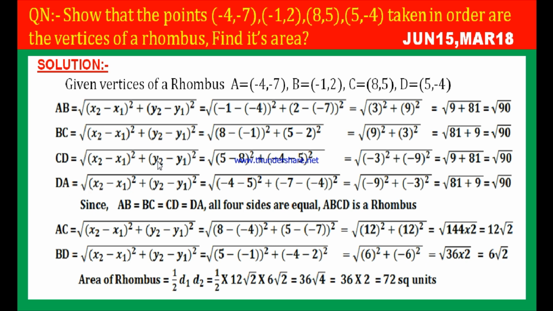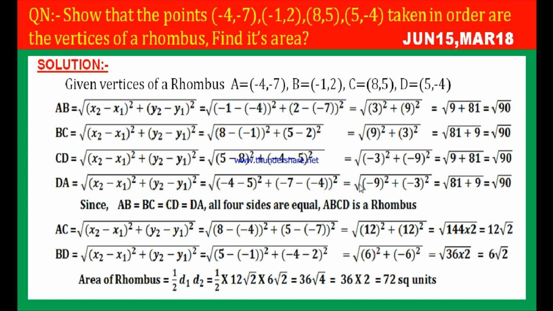Next, DA. In order to find the length of the side DA, the coordinates of D will be x1, y1 and the coordinates of A will be x2, y2. Then distance formula, root over x2 minus x1 whole square plus y2 minus y1 whole square, is equal to root over (minus 4 minus 5) whole square plus (minus 7 minus of minus 4) whole square.